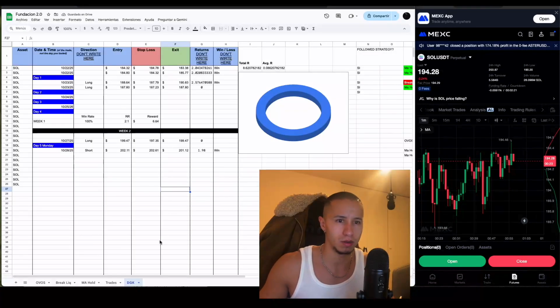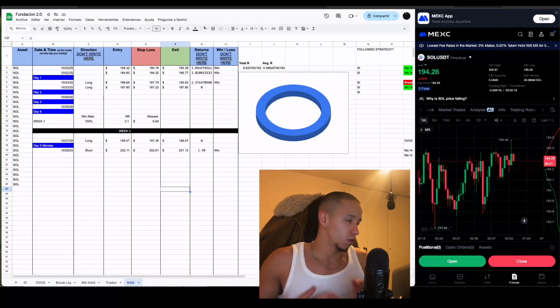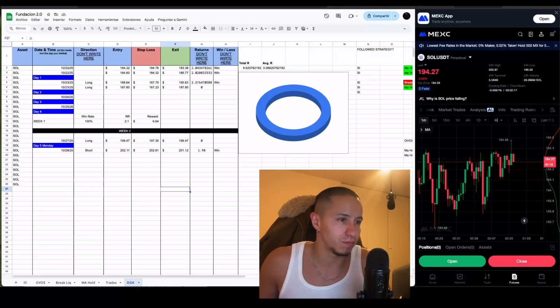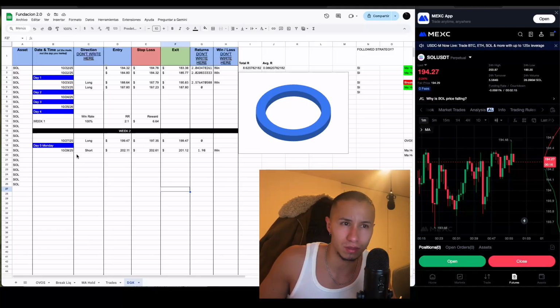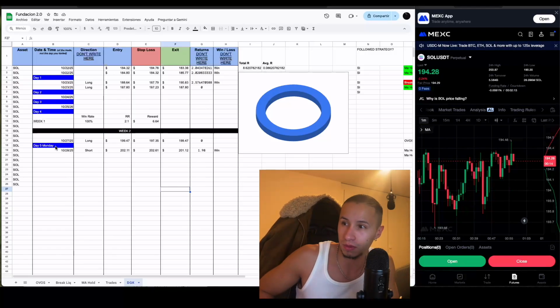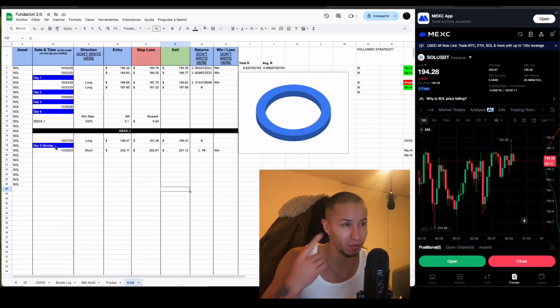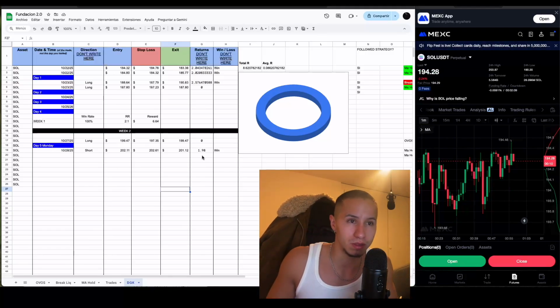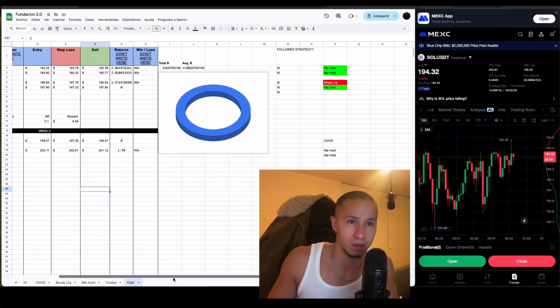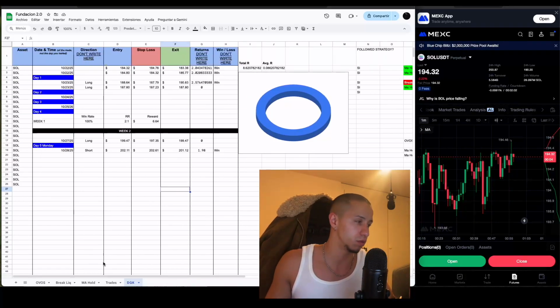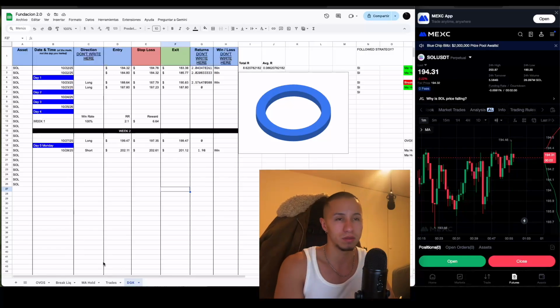Okay, so now it's nighttime. Today is day 5. Man, we're basically killing it. You can see the spreadsheet. This is all the trades I've been taking live with everybody.